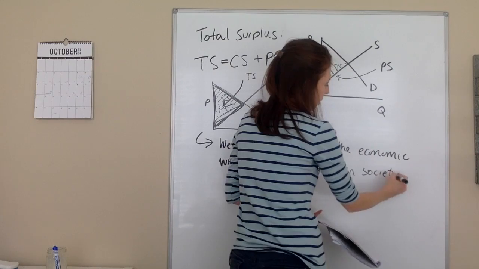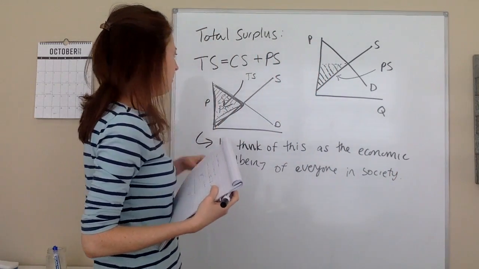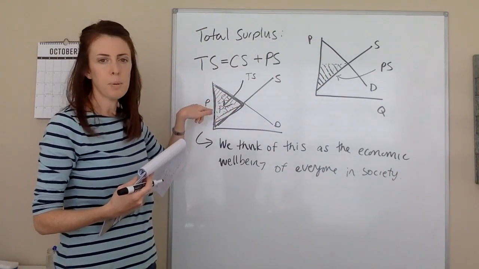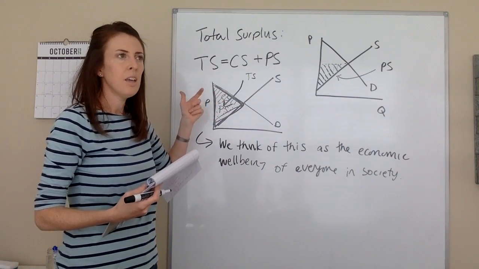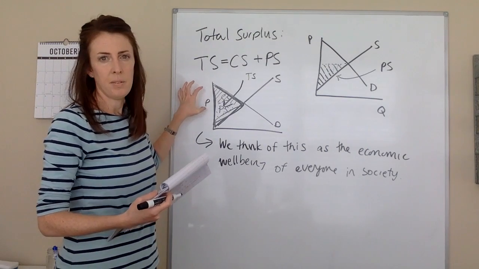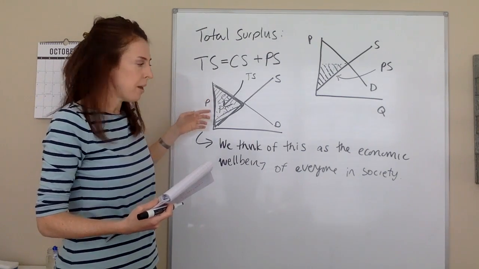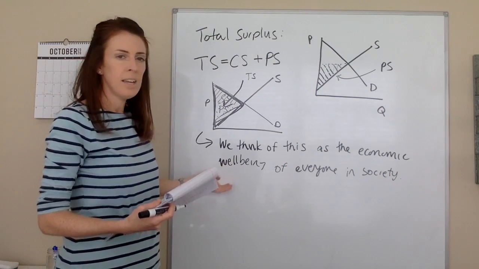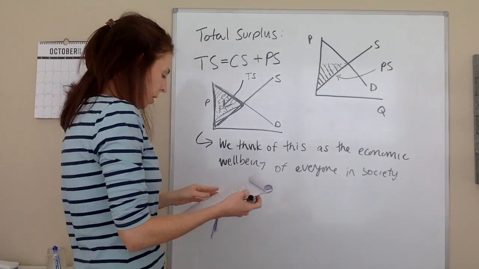Okay, so this begs an important question. If this area, the entire triangle, represents the well-being of everybody, then what an economist might want is to figure out how do we maximize the area of this triangle? Or in other words, how do we make everyone's economic well-being as big as it possibly could be?